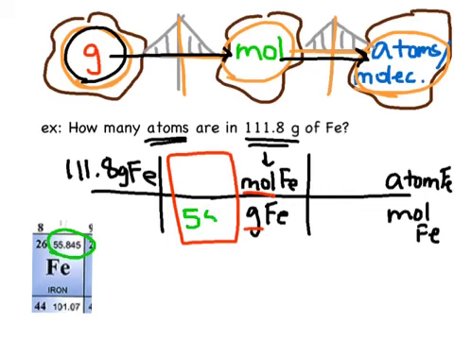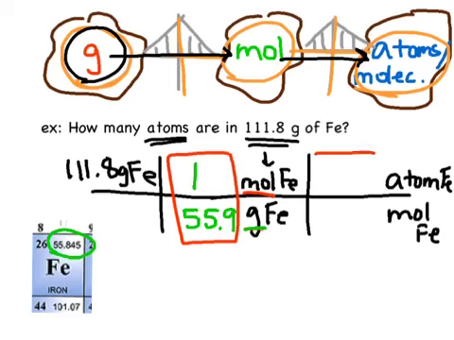Okay, so 55.9 is the grams, and that is equal to 1 mole because it's 55.9 grams per mole. So 1 mole equals 55.9 grams. So that's our first conversion factor.